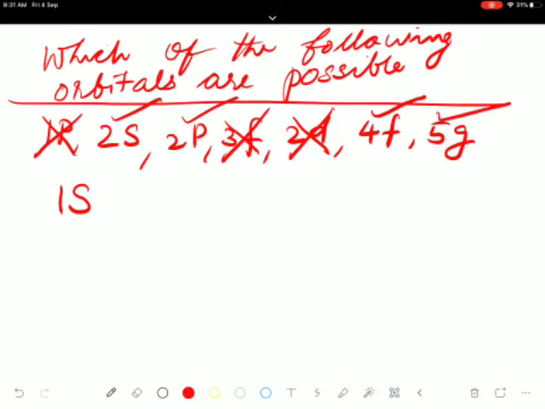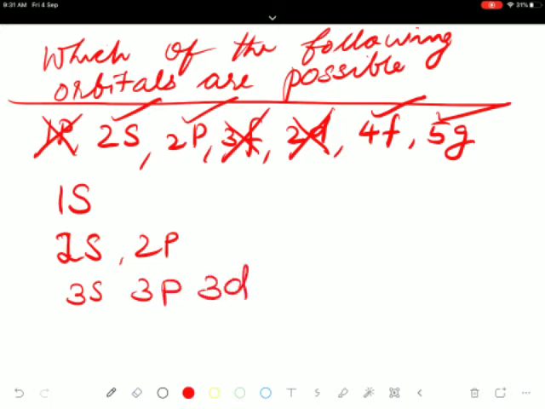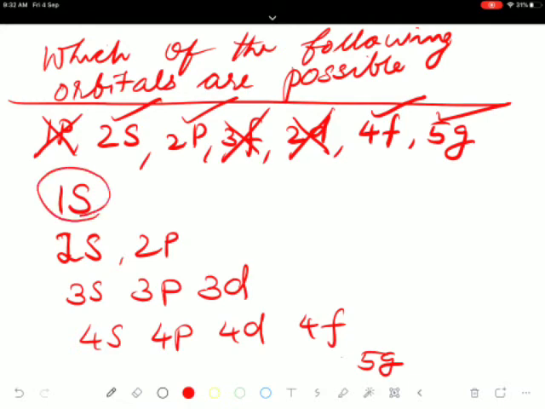Once again I'm writing: in 1 only 1s, in 2 there are 2s, 2p, no 2d. Now in 3 there are 3s, 3p, 3d, in 4 there are 4s, 4p, 4d, and one more, 4f, and in 5 one more, up to 5g. So 1p is not there.